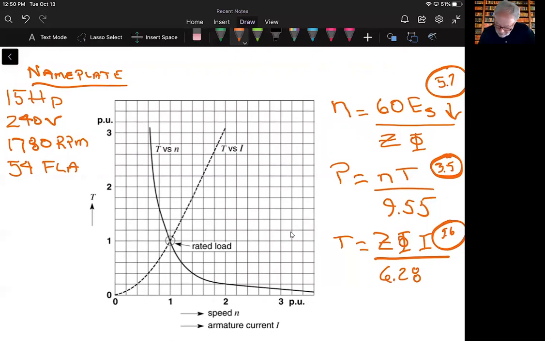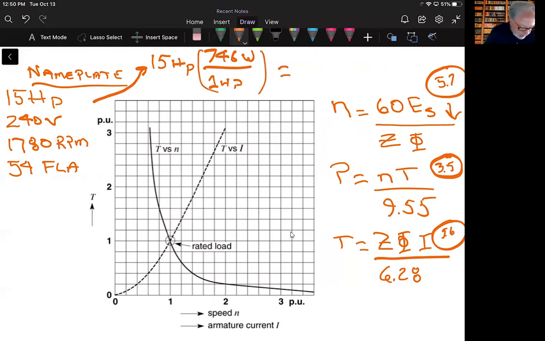First off, we need to turn this 15 horsepower into watts. 1 horsepower is 746 watts, right? And that would give us 11,190 watts. So that's our base power, or we could just call that P sub B. Our base speed is what's given here, and our base current is what's given here.